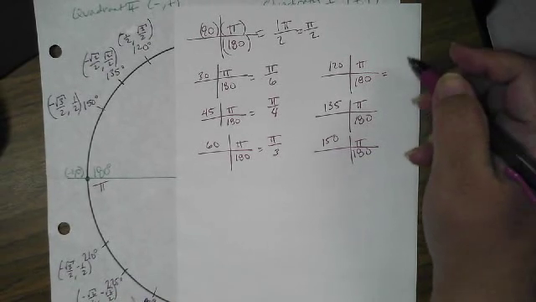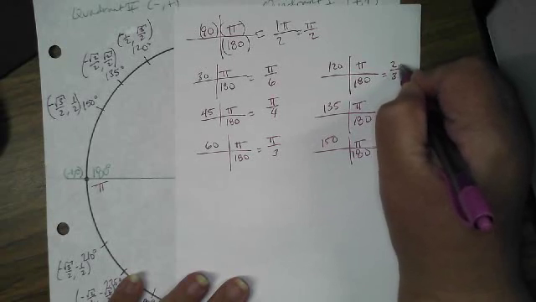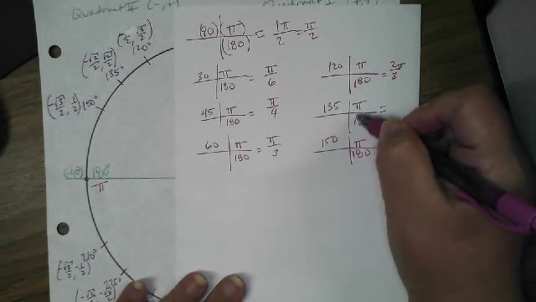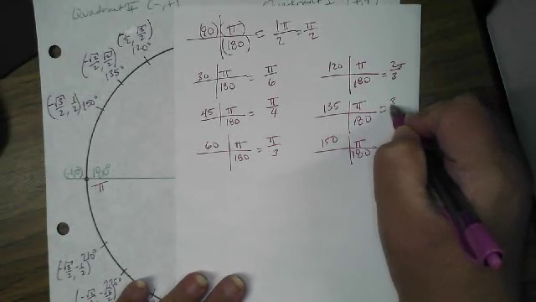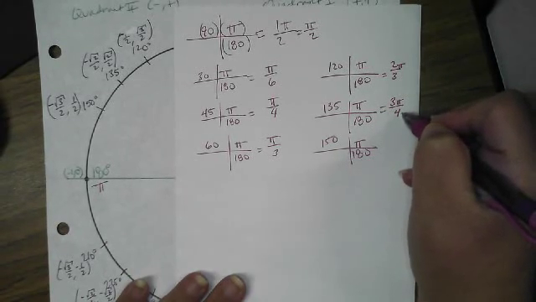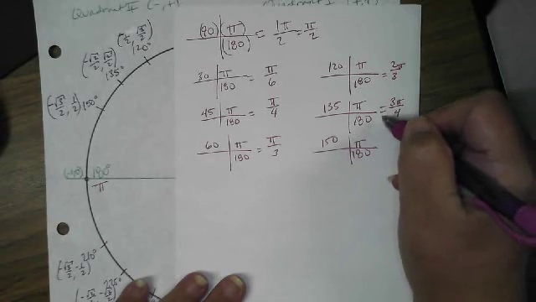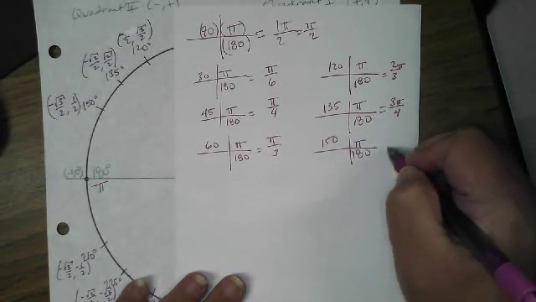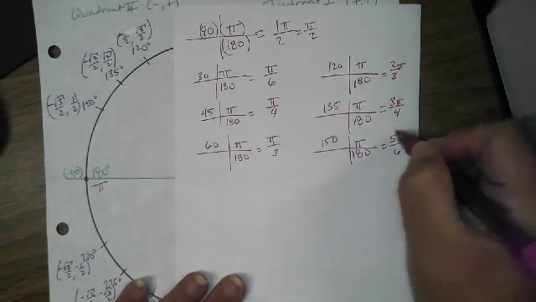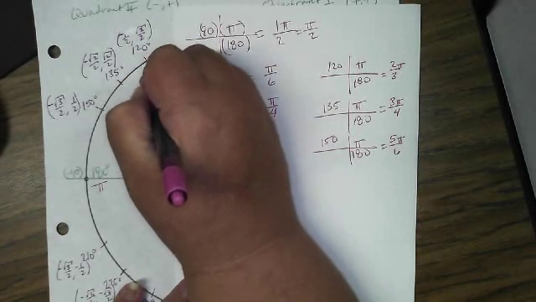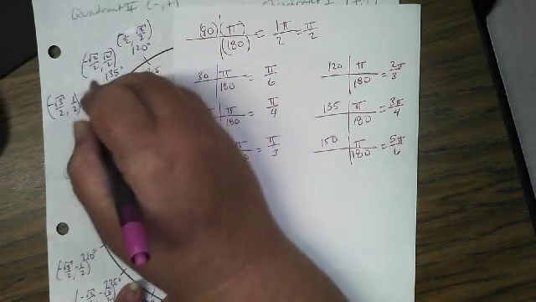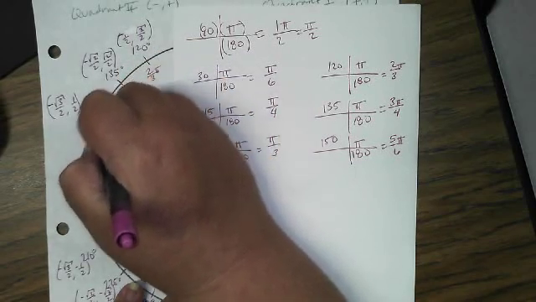So with 120 over 180, you're going to end up with 2/3 pi. 135 over 180, we're going to end up with 3/4 pi. With 150 over 180, we're going to end up with 5/6 pi. I'm going to put all these here. So 2/3 pi, 3/4 pi, 5 pi over 6.